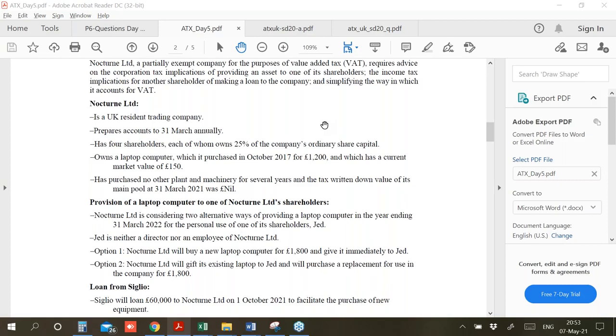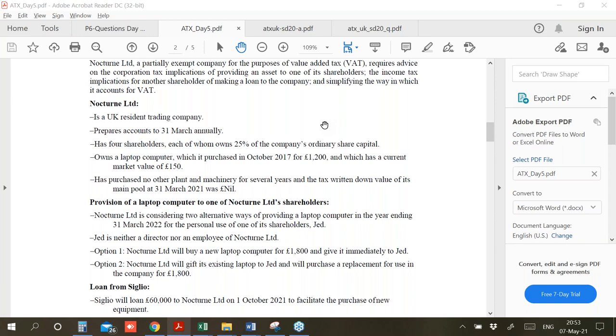I can't remember exactly what question it was, but I told you that if the company buys an asset not for their trading purposes, rather for one of their shareholders, the disadvantage to the company is that they are unable to claim any capital allowances on it. So one disadvantage for the company. For the shareholder, it will be treated as a distribution of profit, which means as a dividend, and he may have to pay the tax on that.